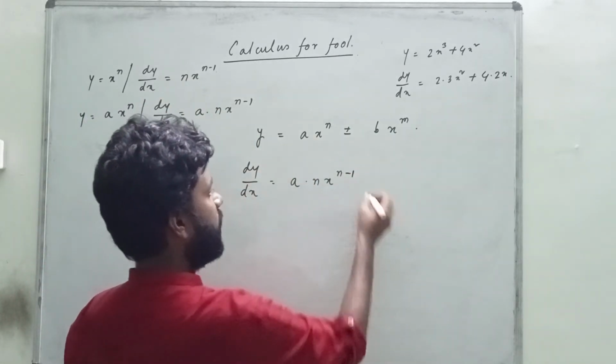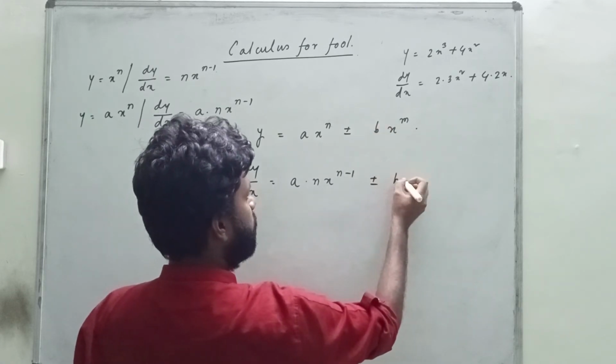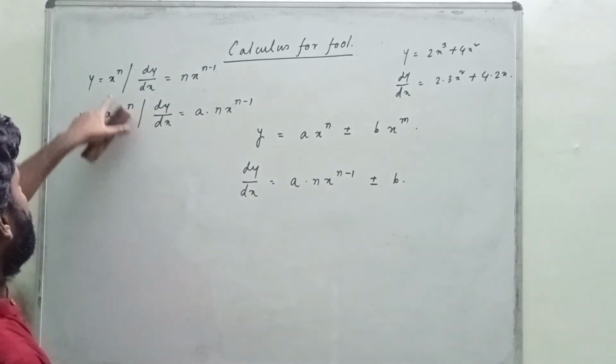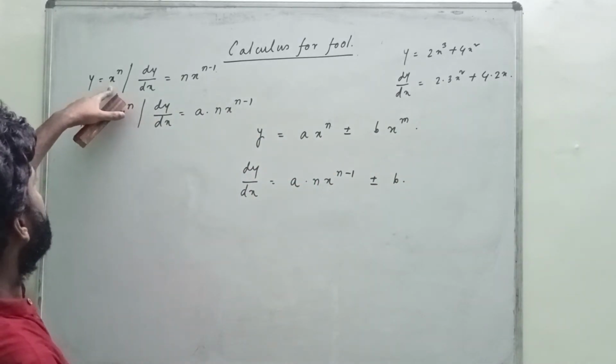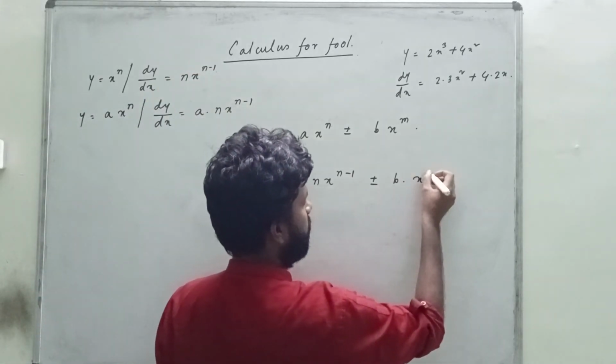Then here plus minus b remains constant, fixed, and x power m becomes m x power m minus 1, right?